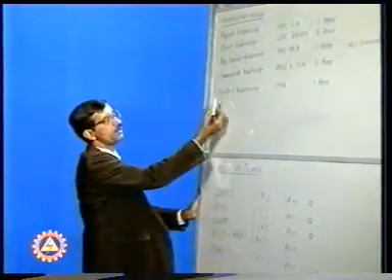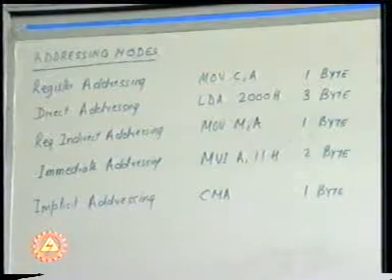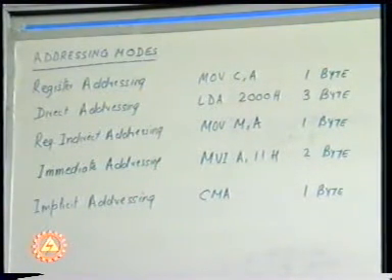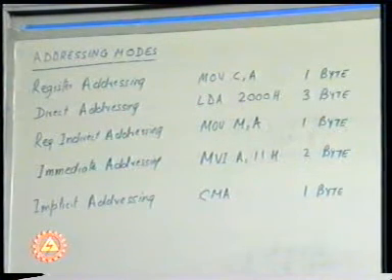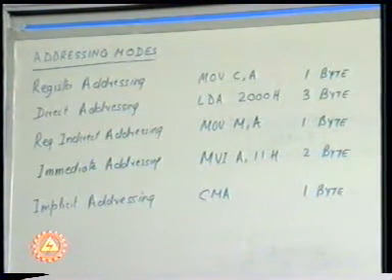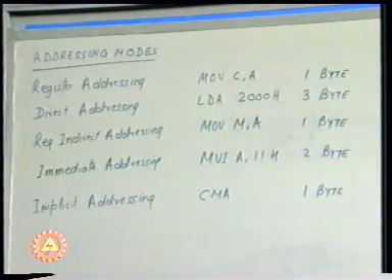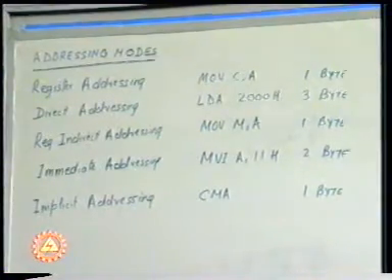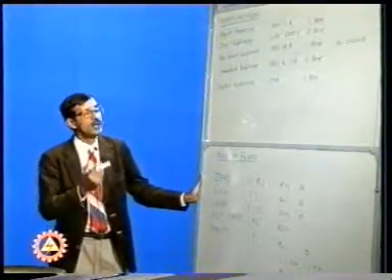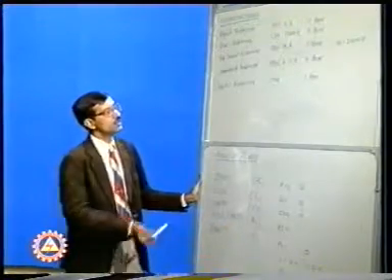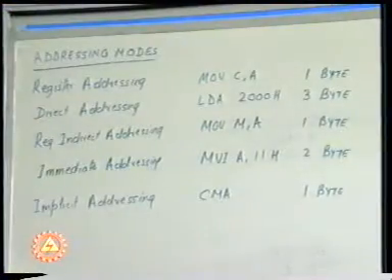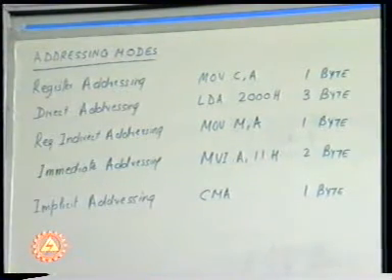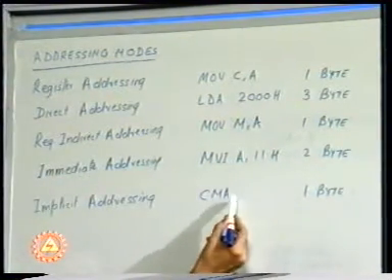The last type of addressing mode which we have is implicit addressing mode. In implicit addressing mode, we do not specify any register or, for that matter, any other location, because the address of the data which has to be brought is built into the instruction itself. For example, CMA, which means complement the contents of the accumulator. Now, in this case, we have not specified any register.